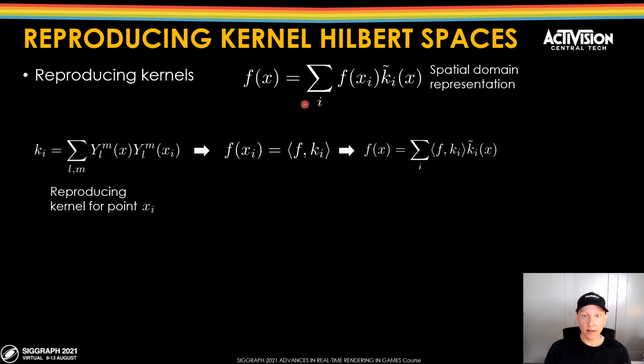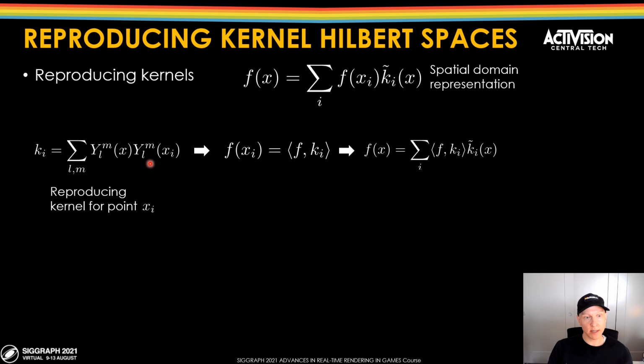Here again, for reference, is the spatial domain representation that we would like to have, so we can impose constraints on the function values themselves more easily. The way we do this is to introduce a function called the reproducing kernel for the point xi.